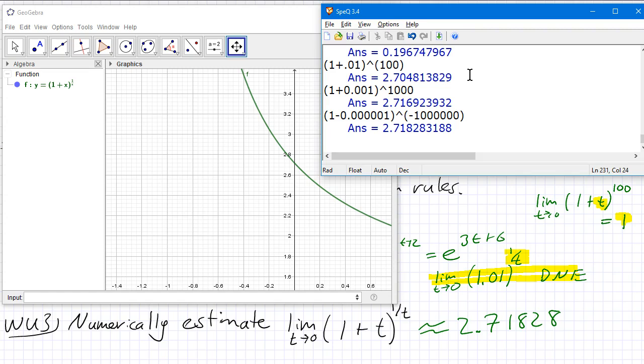I plug in something slightly smaller, I get 2.717. And if I plug in a negative number that's even smaller, I get 1 minus 0.00001 to the power negative a million, and that's still 2.71828. So that's what this limit is. It's about 2.71828. Approximately.